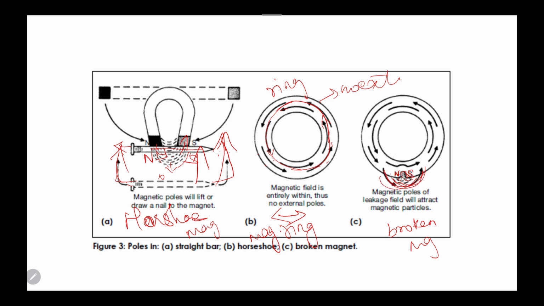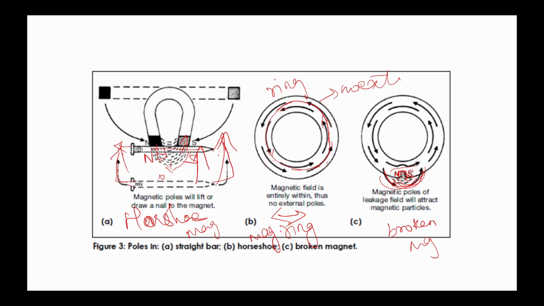This leakage field behaves like regular magnetic poles, and magnetic particles or ferromagnetic materials will be attracted to the break area. In magnetic particle testing, the leakage field is what makes defects visible.